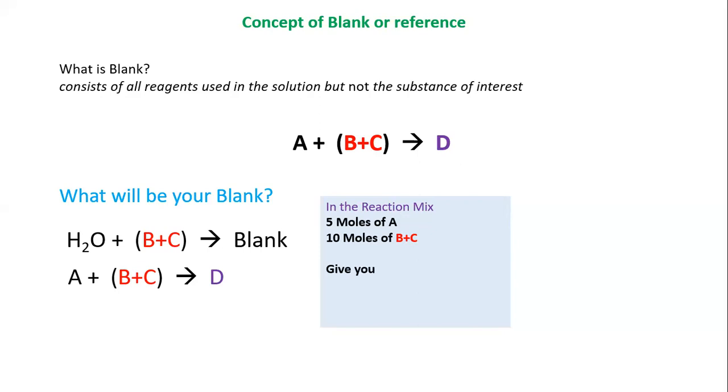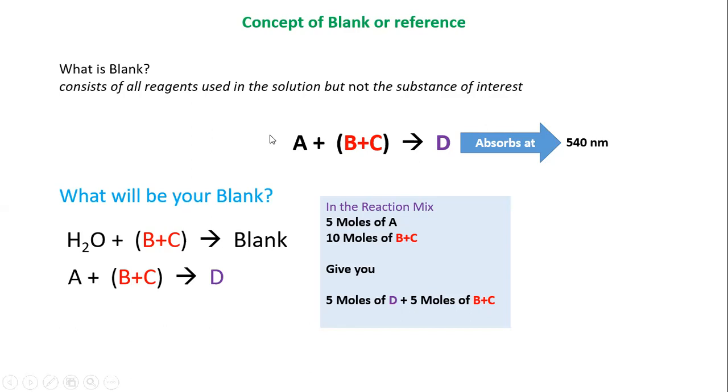Now, this is going to give you the reaction of 5 moles of A with 5 moles of B plus C to give you 5 moles of D, and the leftover amount of B plus C will be 5 moles.